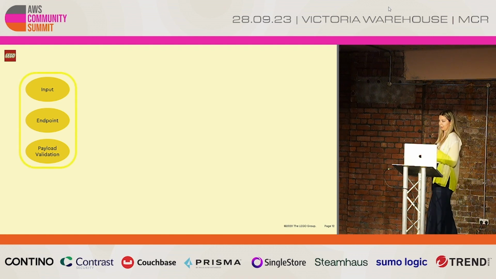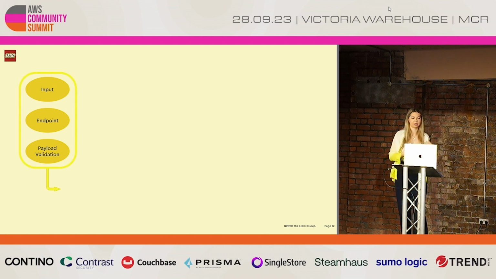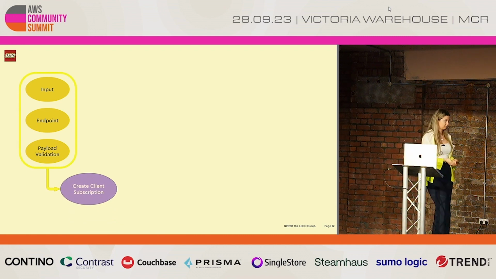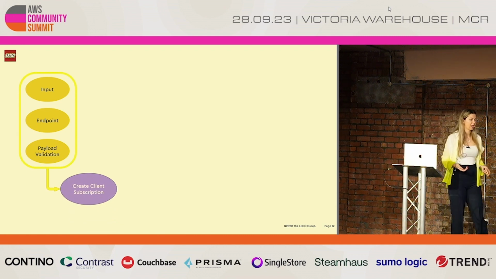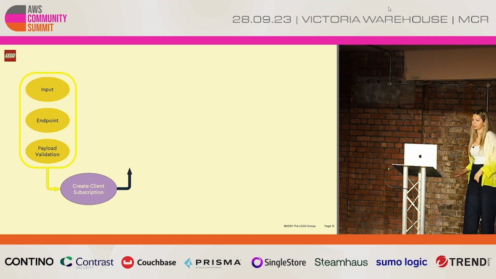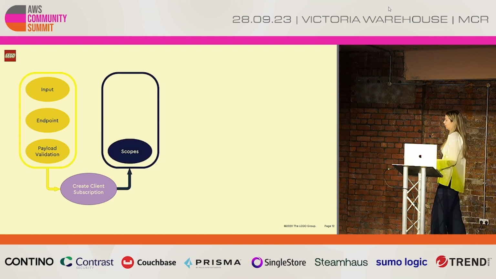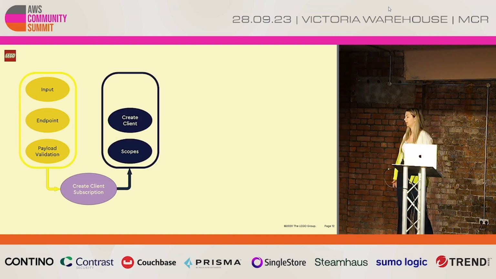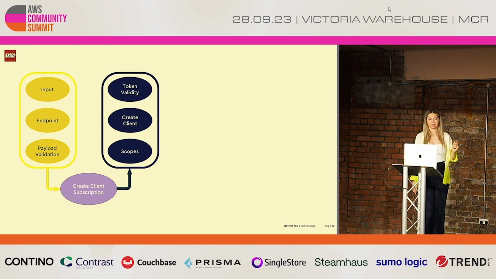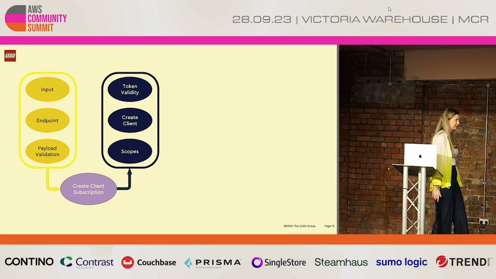Once we've done that initial bit, we can then move on and create our subscription. Once we have the subscription established, we can build our scopes, our client, and the token validity.